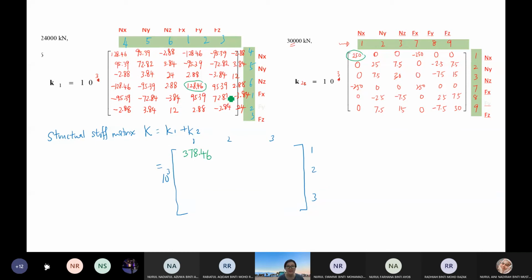I think my 2, 2 is this one, beside the 1, Doctor, the 95.39. Are we finding 2, 2? No, 1, 2, 2, 1. Oh, yeah, 1, 2 is beside the 72.82.